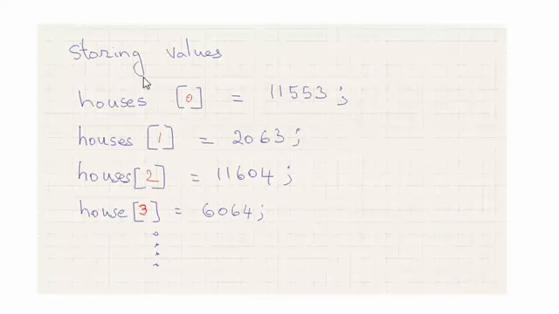How do we store values? It's very simple. House with offset 0, we give some number. House 1, another number. House 2, another number, and it goes on. So we use the name of the array and the offset. There are different ways of describing the offset, with a syntax for that.